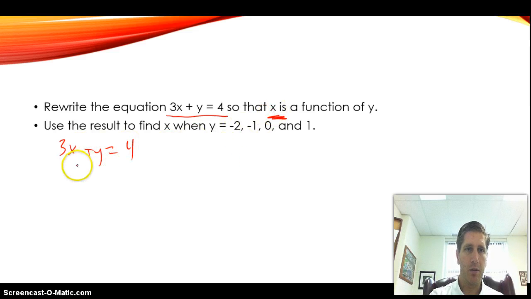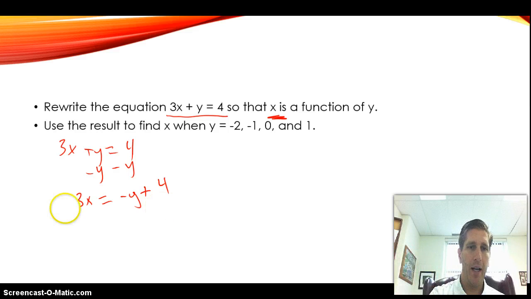We're going to subtract y, so 3x equals negative y plus 4. You can write that either way: 4 minus y or 4 plus a negative y. I write it as negative y plus 4. And then we're going to divide by 3. So x equals negative y plus 4 divided by 3.